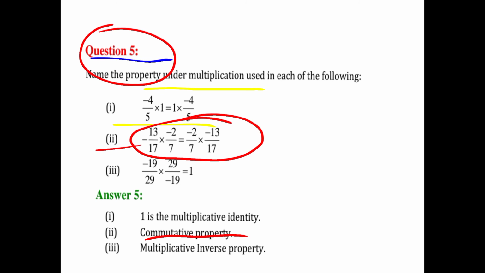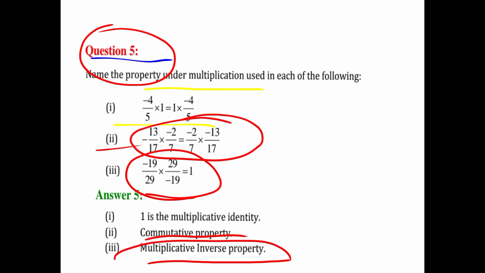Now in the third part, minus 19 by 29 into 29 by minus 19, this is the multiplicative inverse property.